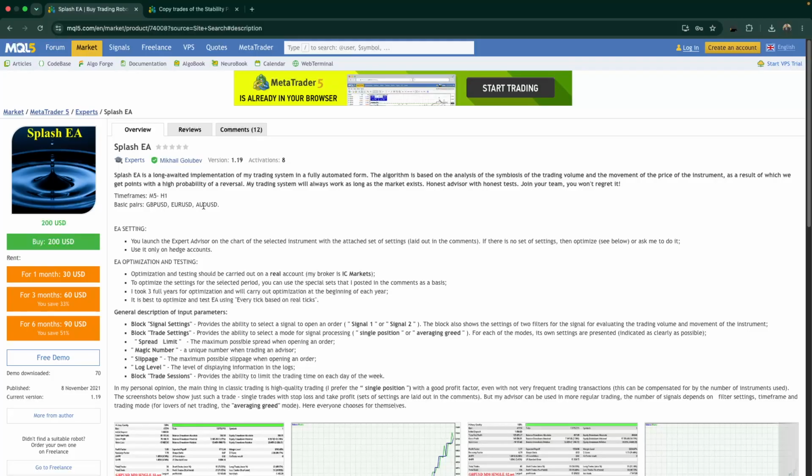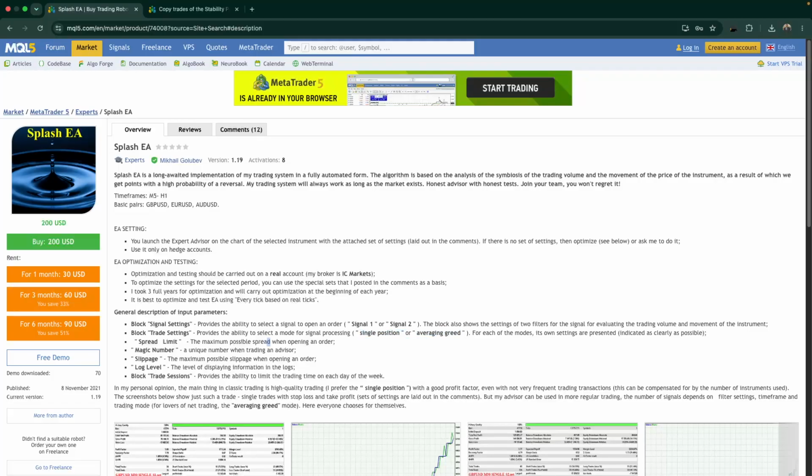Now it supports two modes: the single position trading with trailing stops or an averaging grid with lot multipliers, percentage based profit targets and loss limits. So we have the conservative side and we have the risky side. You choose the one you want depending on your risk appetite and your trading style.